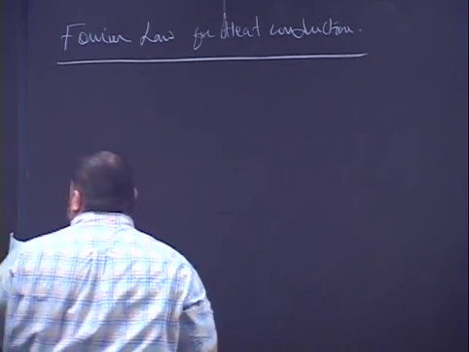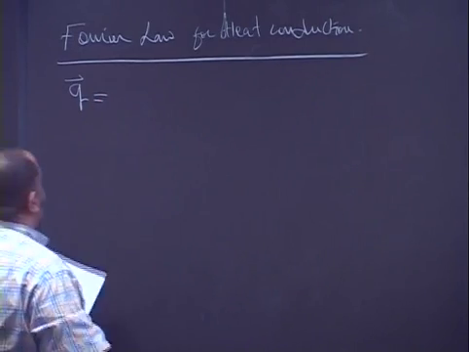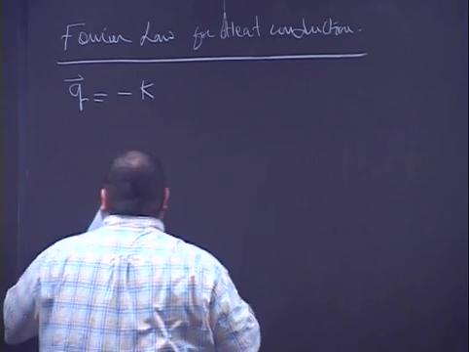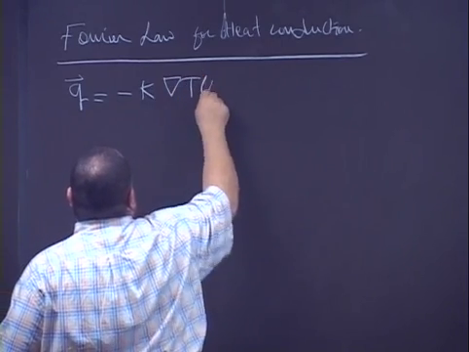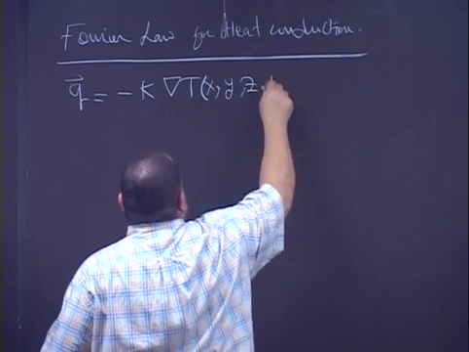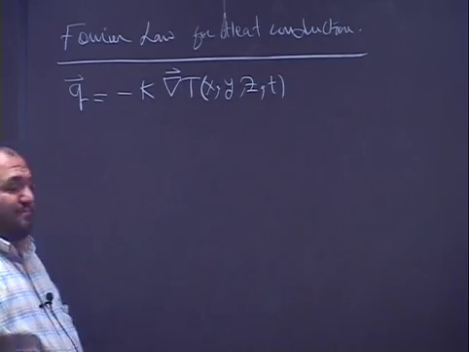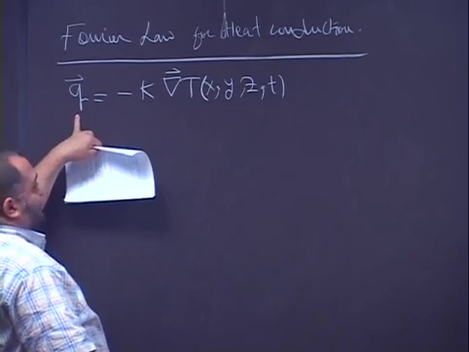The heat flux vector q is equal to negative k gradient of T, where T is a function of x, y, and z, and maybe the time t. So temperature is a scalar quantity, and the gradient is a vector quantity. So this is the heat flux vector.